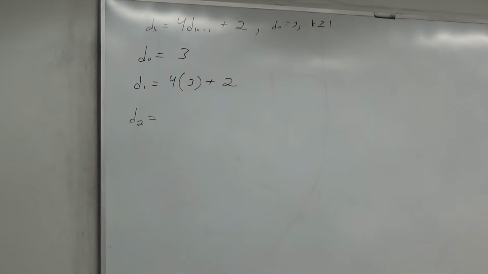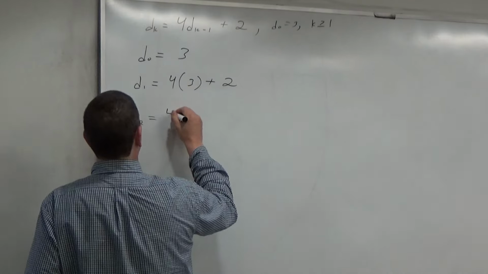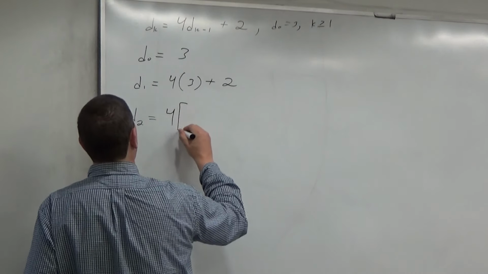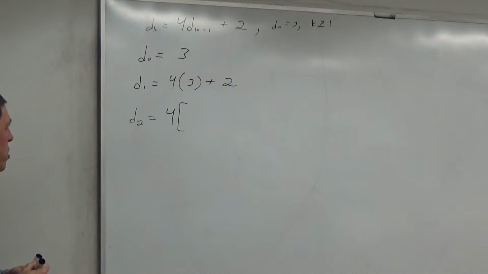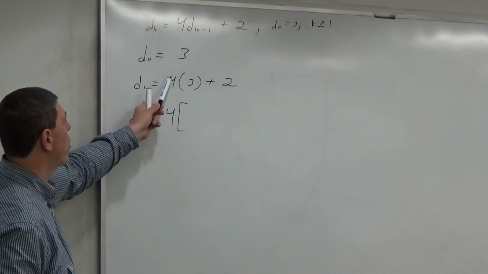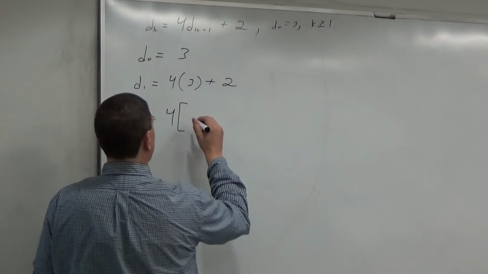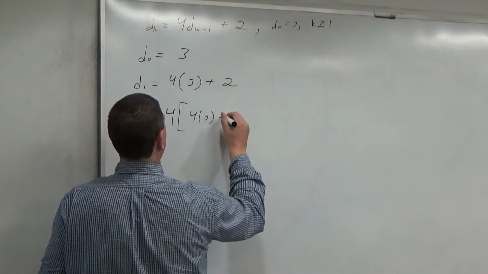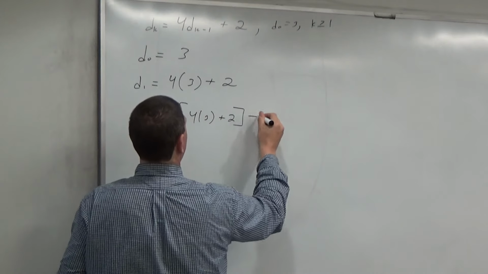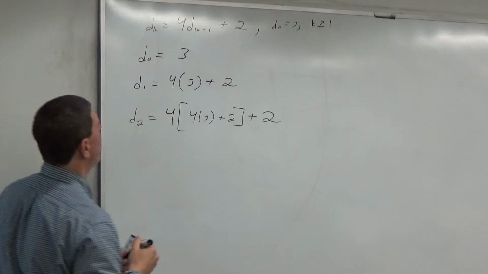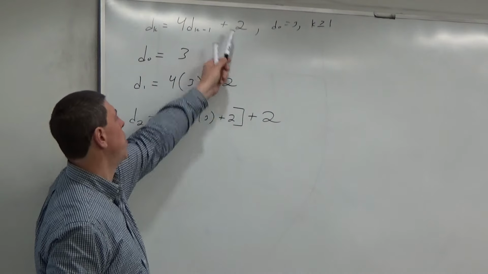Now, if we think of it the way a computer would think of recursion, that might be the easiest way to start this. So, D sub 2 is going to be 4 times the previous instance. The previous instance was 4 times 3 plus 2. And then we have another plus 2 as a result of this plus 2 that's out there.